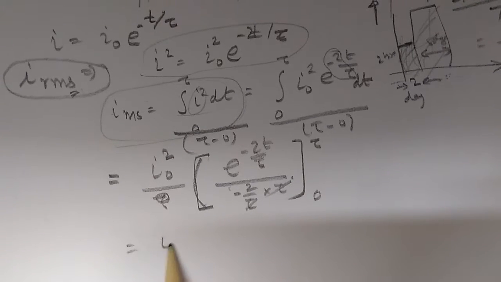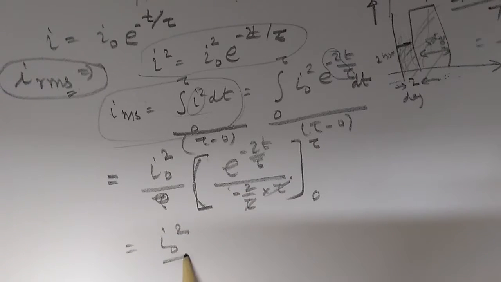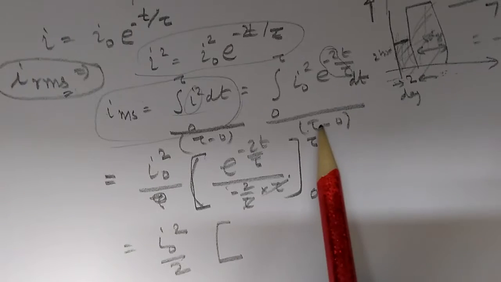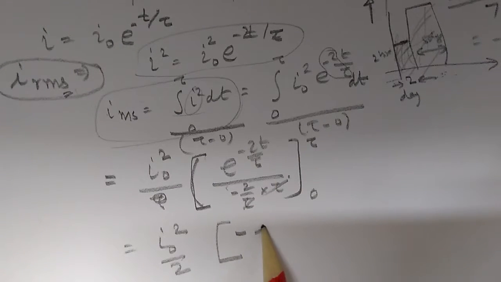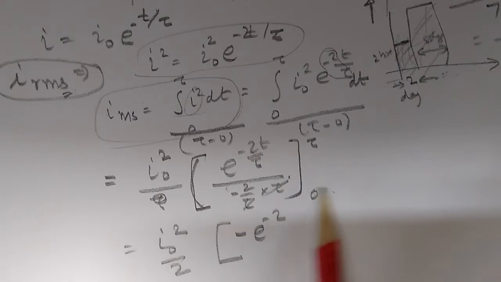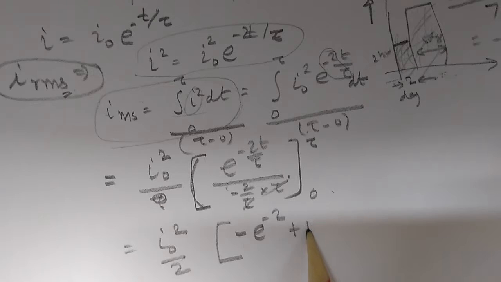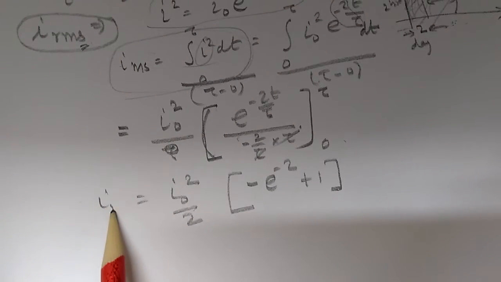So this becomes I naught squared, and the 2 comes outside, divided by 2. If you put t equal to tau, this becomes minus e to the power minus 2, and if you put 0, e to the power 0 is 1, and minus minus becomes plus 1. This is the value of the mean square I.